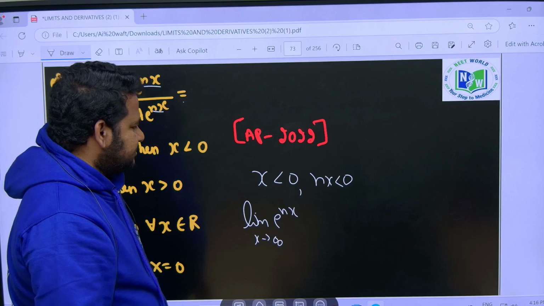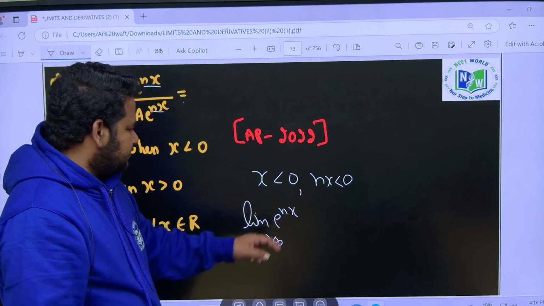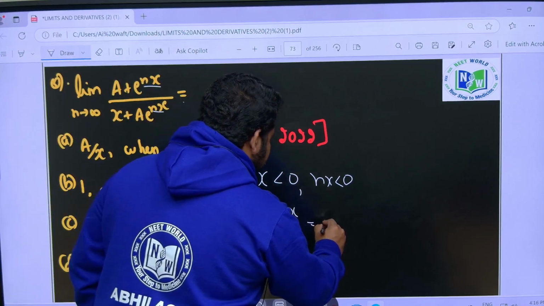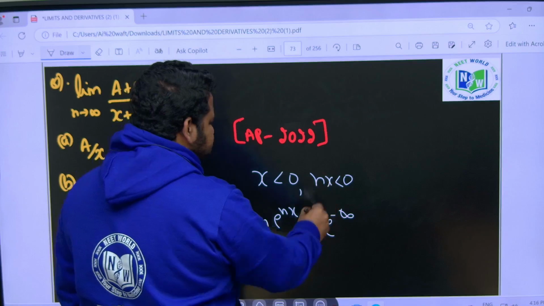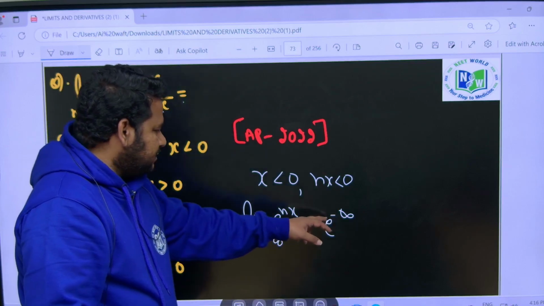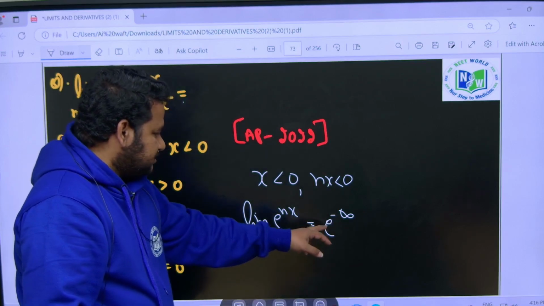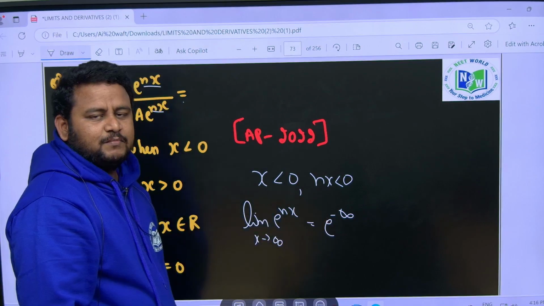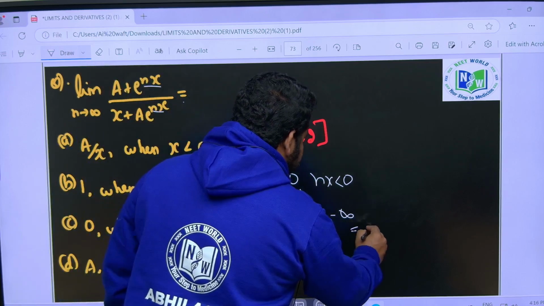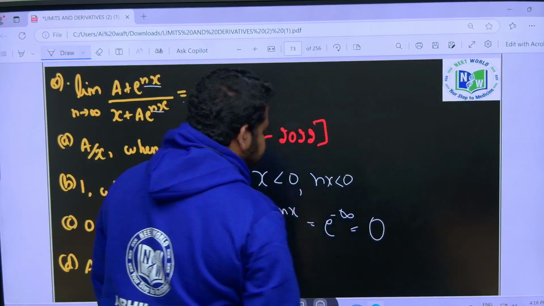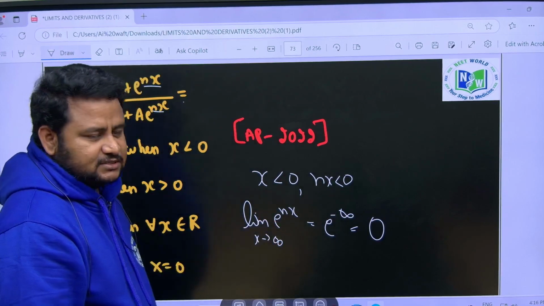If nx is less than 0, then e^(nx) will become e^(minus infinity), because if x is less than 0, nx will also be less than 0. That means nx tends to minus infinity, and e^(minus infinity) we all know is nothing but equal to 0.